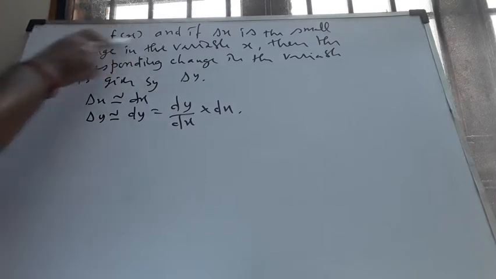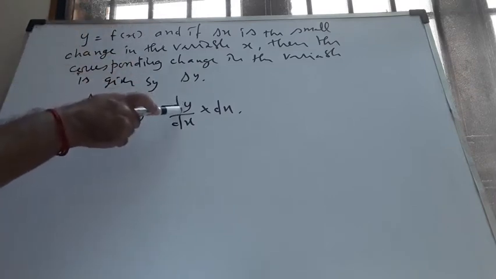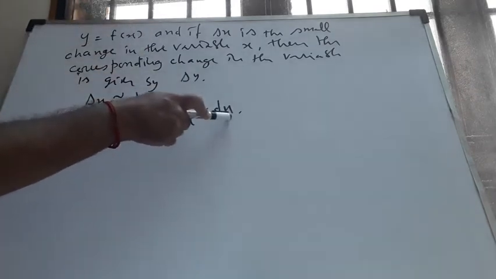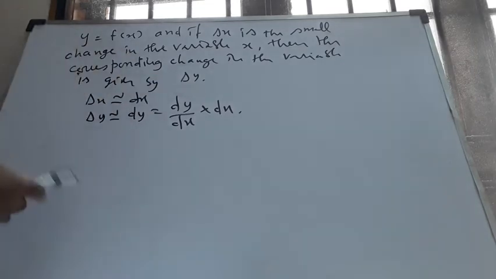After finding this derivative and multiplying it with dx, that will be my delta y. Accordingly, I'll be able to find the corresponding value. This is used to find, let us say, square root of 25.1, cube root of let us say 26.95, etc.